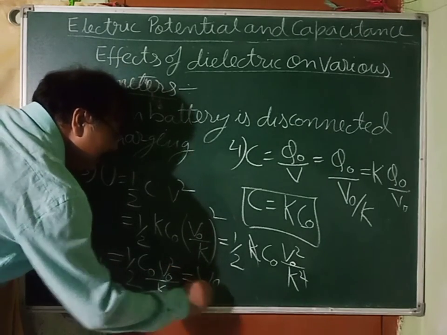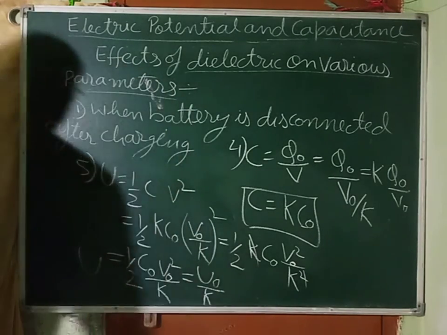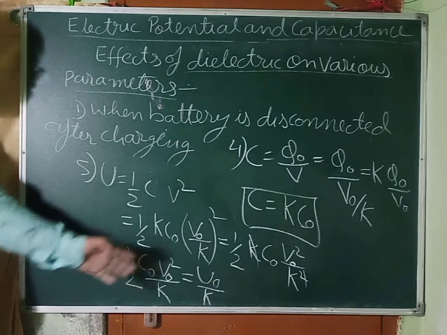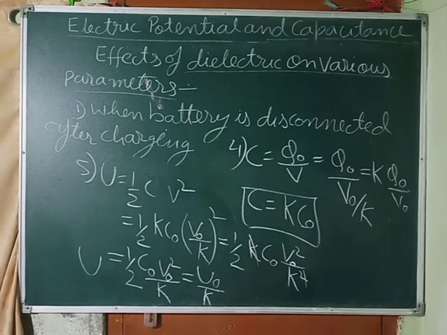U naught by K. The energy is U naught by K now. That means, for the fifth point, you can write that the energy stored in the capacitor also goes down by K times. Okay. Written? All the 5 points.